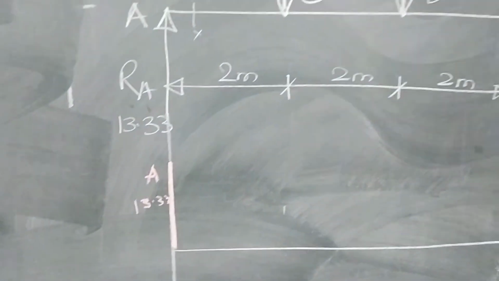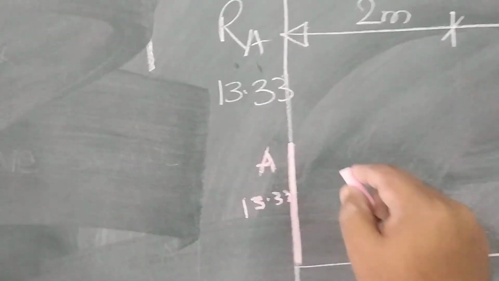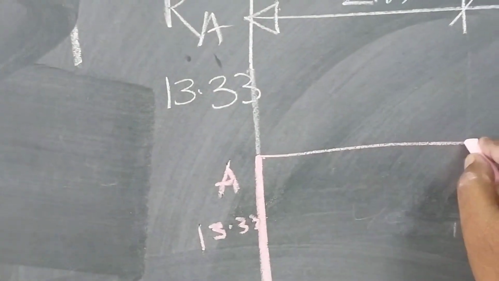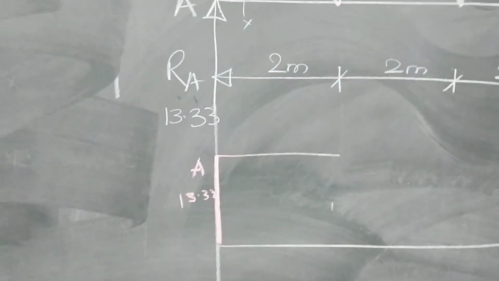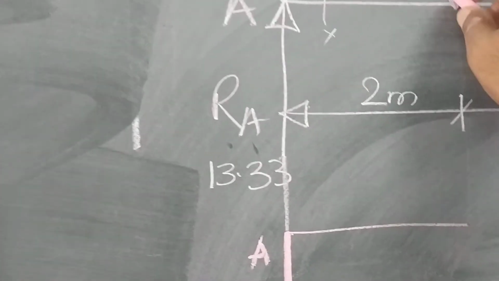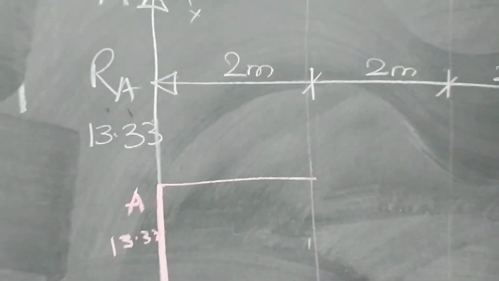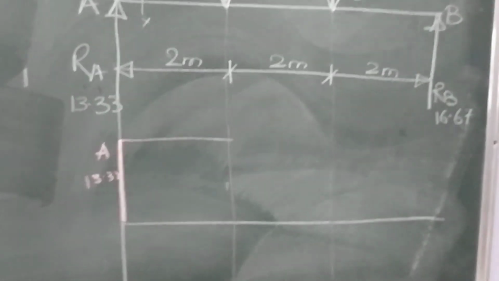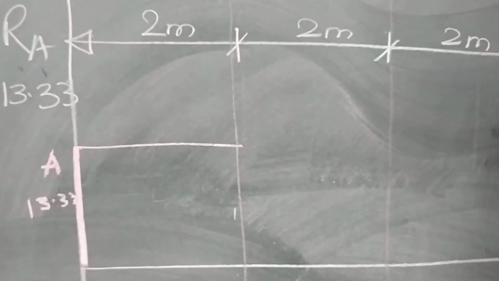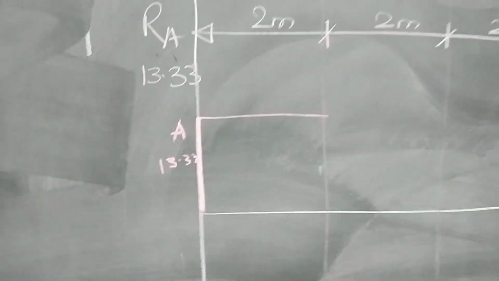Okay. No other force till point C. So I am drawing a straight line. This is point C. I will draw very faint projection lines so that it will be very easy for you.